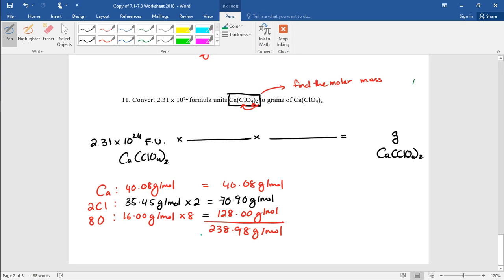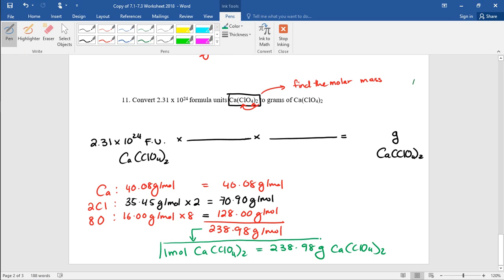Okay, so another way to write this would be to write it as 1 mole of calcium perchlorate is equal to 238.98 grams of CaClO4 2. The reason I keep showing you how this grams per mole becomes this relationship is because I want you to remember that this thing is an abbreviation, and this is the fully opened form of that.